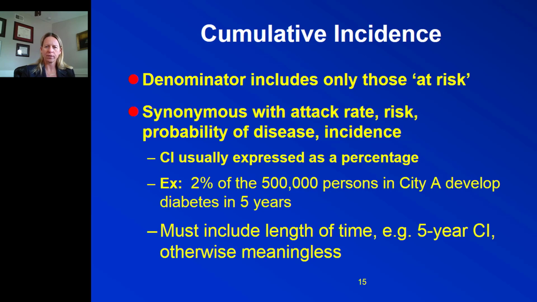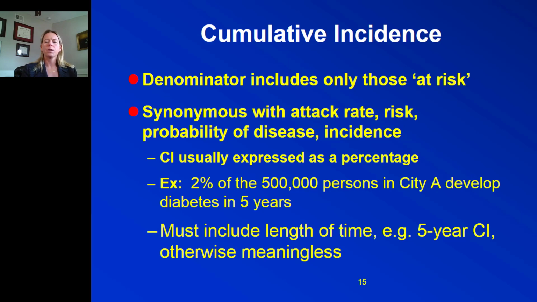This again is a measure of incidence such that the denominator includes only those persons at risk of acquiring the particular disease or outcome that we're measuring. Cumulative incidence is synonymous with attack rate, risk, probability of disease, as well as incidence. So all of those terms are synonymous. Cumulative incidence usually is expressed as a percentage.